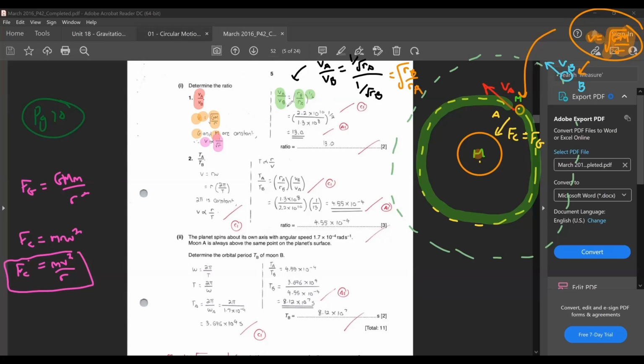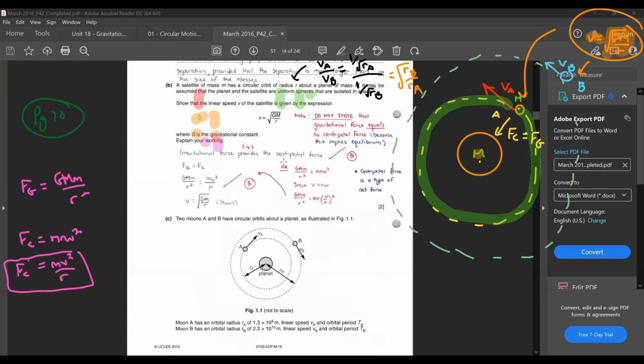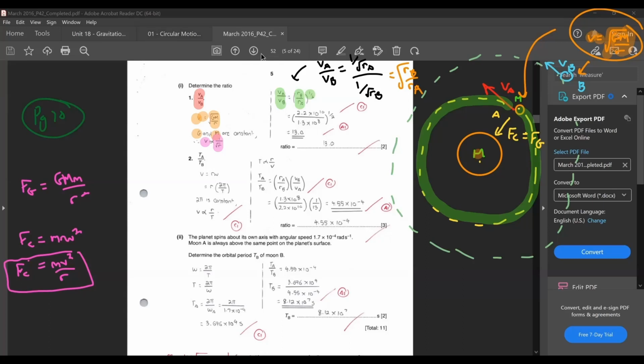Right, so just substitute your values and eventually you will get your answer. Remember to square root your values. You already have the radius from the previous page. So get the ratio, square root it, and you will get the ratio as 13. All right, so this part is pretty straightforward.